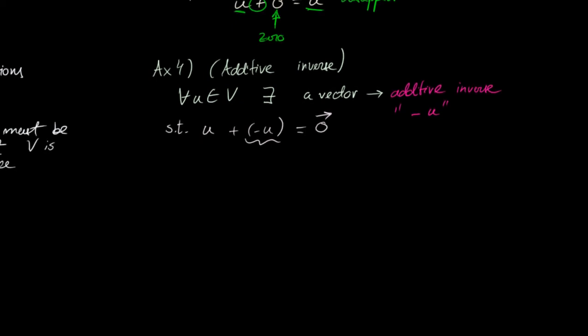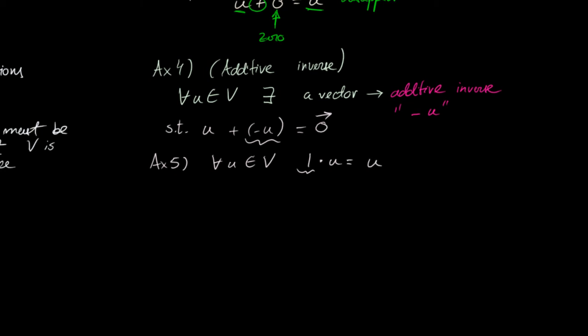Okay, then axiom 5 says that for all u belonging to V, the scalar 1 doing the scalar multiplication operation on u also leaves u unchanged.